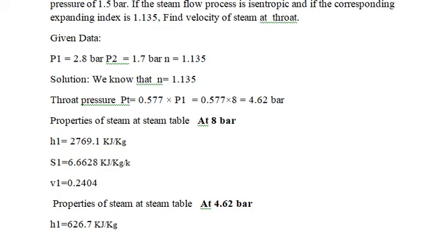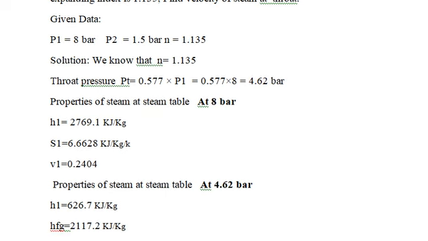In this numerical, the steam passes through the nozzle at a pressure of 8 bar and leaves at a pressure of 1.5 bar, the process is isentropic, and the expansion index is given. To determine the velocity of steam at the throat section, first of all you have to write the pressure P1 equal to 8 bar.